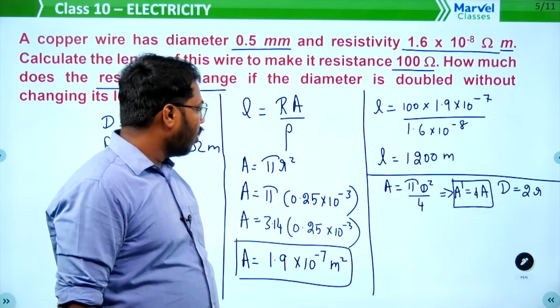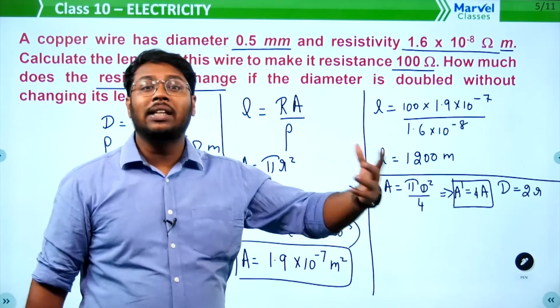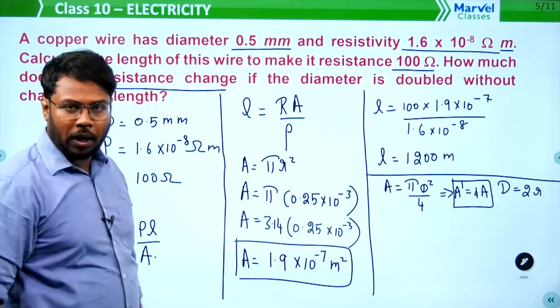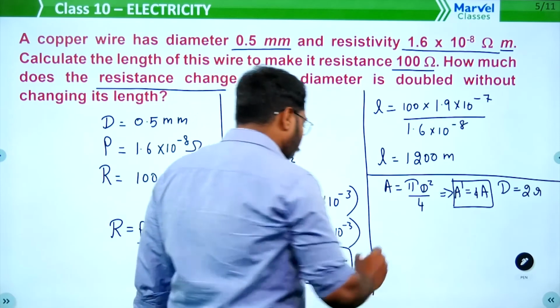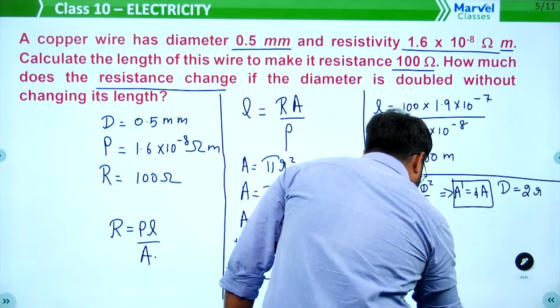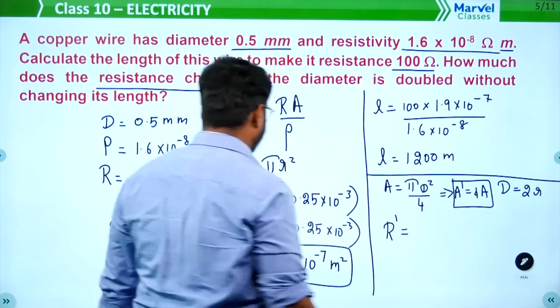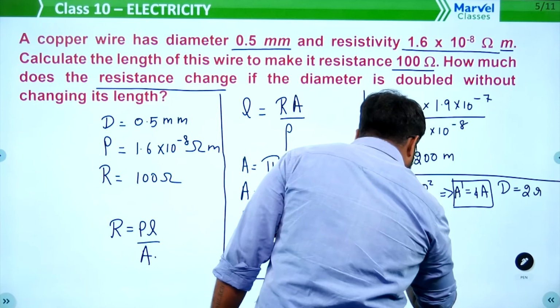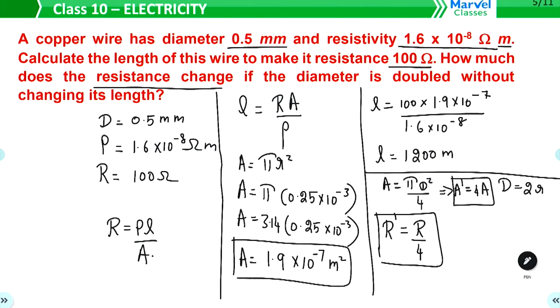Now I will see how much my resistance will change if my area increases by 4 times. So R prime is equal to R by 4. Why does my resistance decrease if the area increases? Because resistance is inversely proportional to area, and if your area increases by 4 times, your resistance decreases by 4 times.